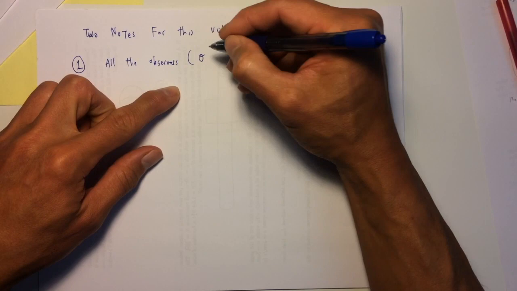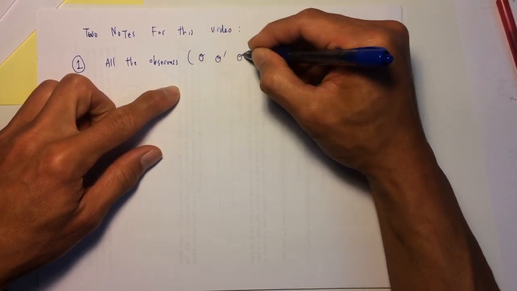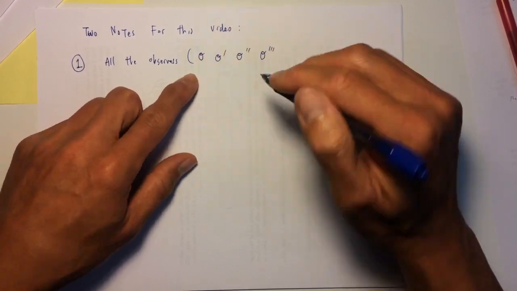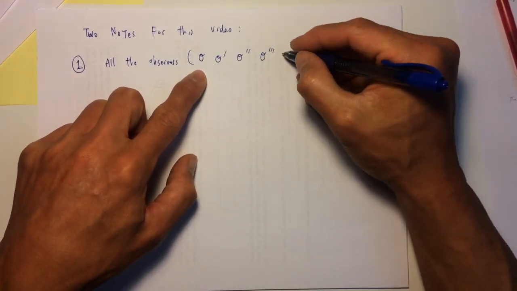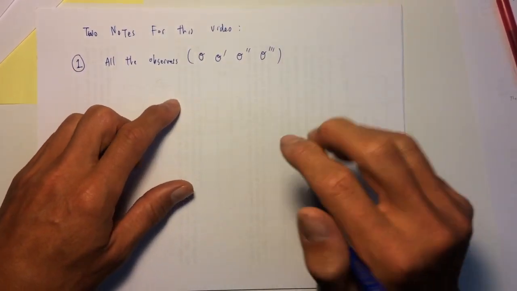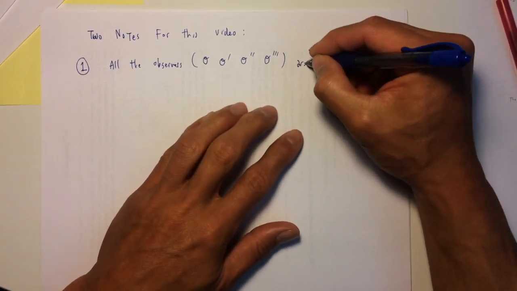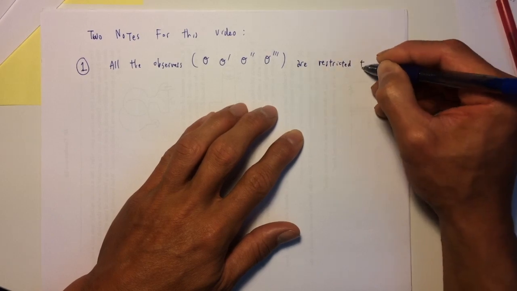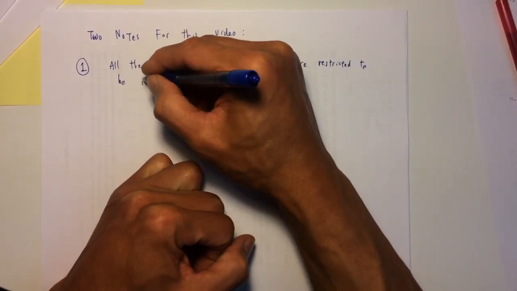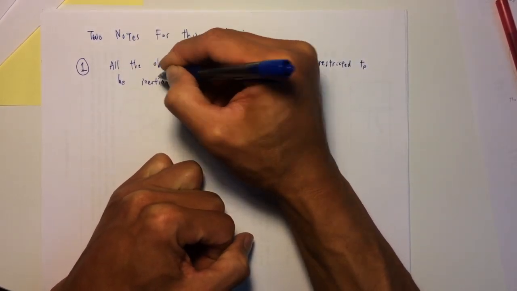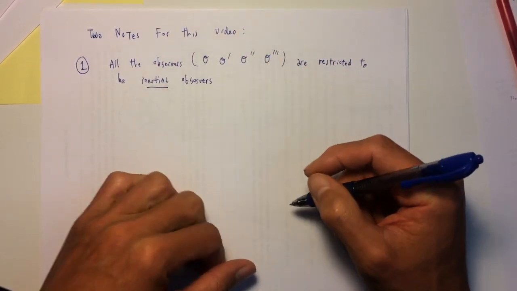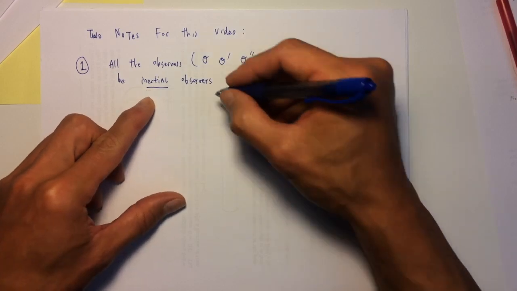So you can call them O, O prime, O double prime, O triple prime, or something like that, some sort of way of labeling the various observers. They are restricted to be inertial observers. And I described what's meant by an inertial observer in a previous video.